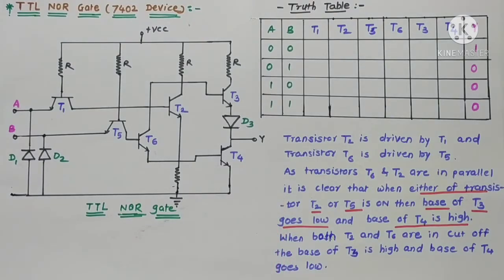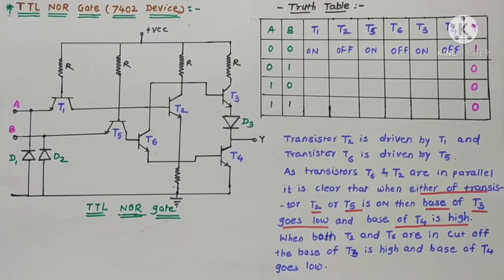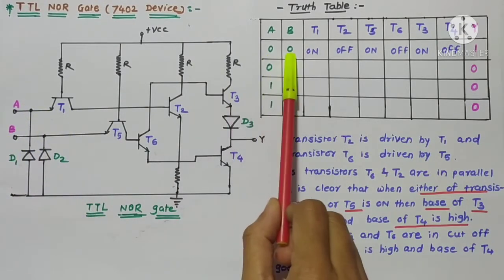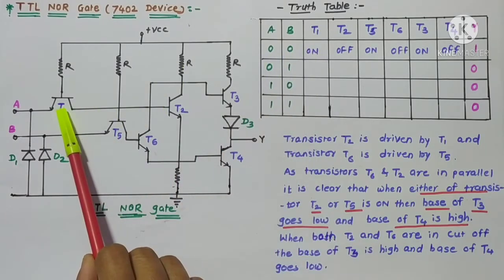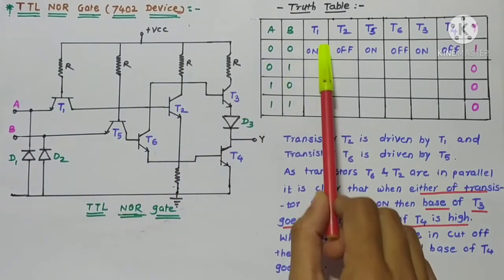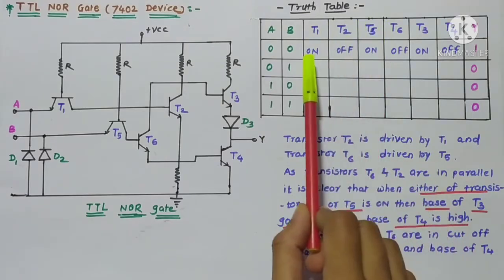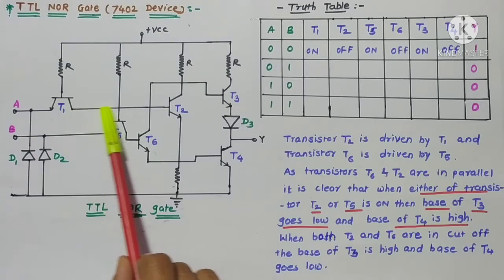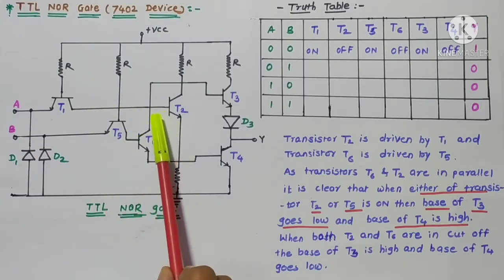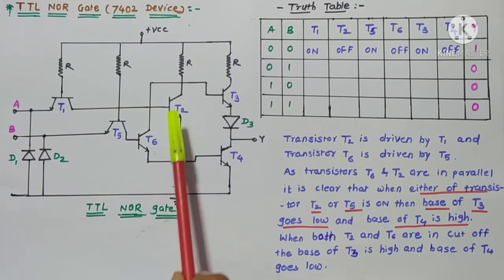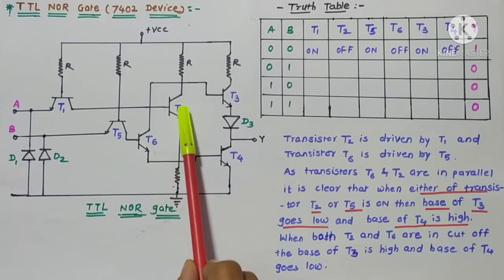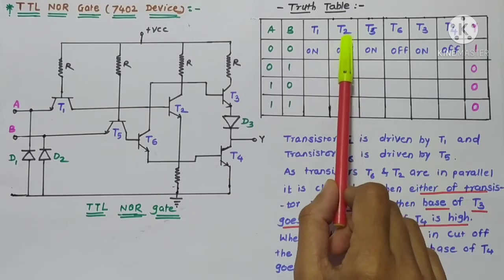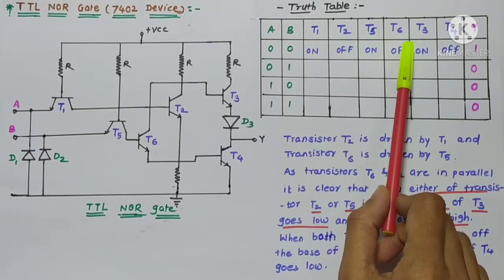Now I repeat again, when A is equal to 0 and B is equal to 0, at that time transistors T1 and T5 switch on. As transistors T1 and T5 switch on, their collectors go low and it is given to the bases of transistors T2 and T6. Thus, you can see in this truth table, transistors T2 and T6 are in cutoff.